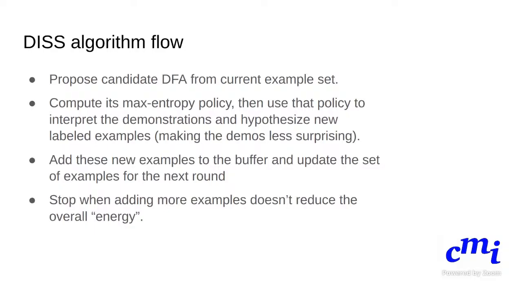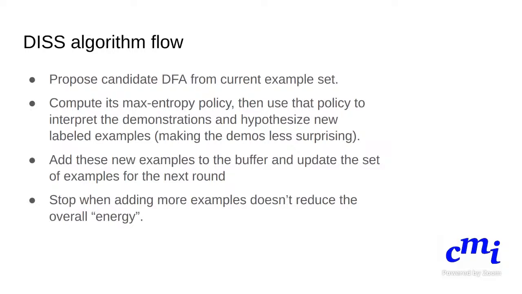The overall flow of this algorithm is it proposes a DFA first, and then it computes the maximum entropy policy. Then it uses the policy to interpret the demonstration and hypothesize new labeled examples.